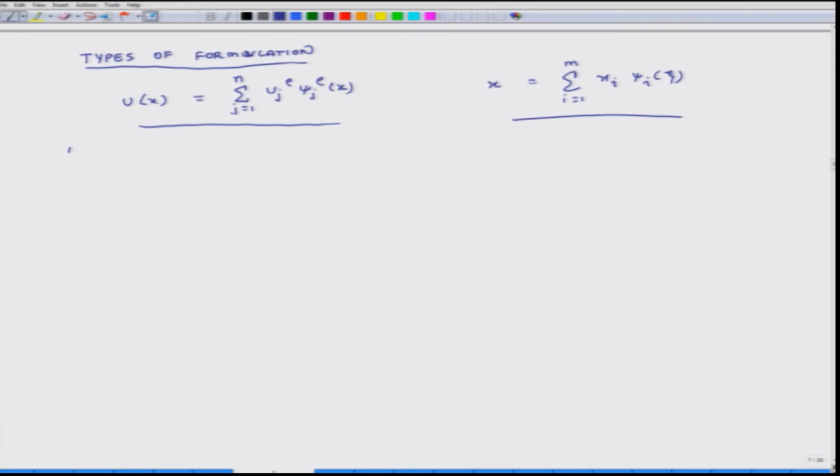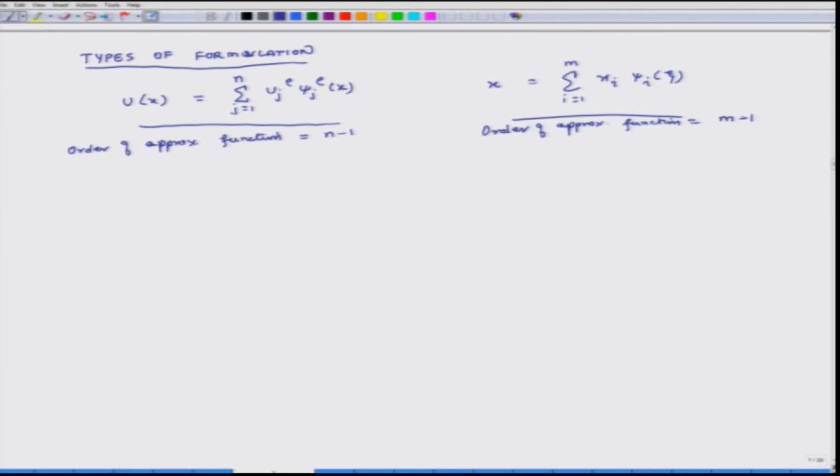So here the order of the approximation function is n minus 1, and for the geometric approximation, the order of the approximation function, and these functions are also known as shape functions for the x to zeta transform, is m minus 1.